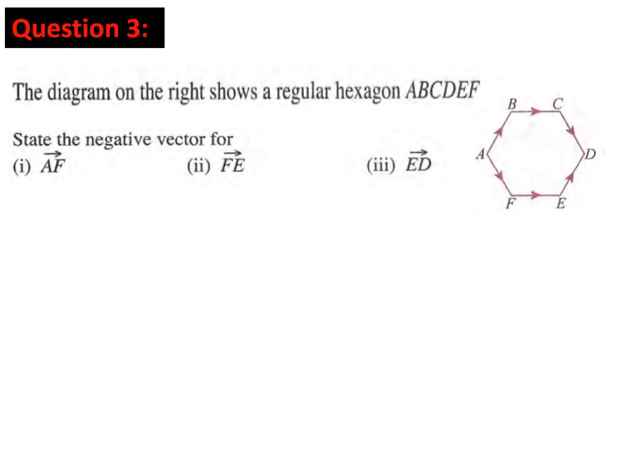Question number 3. The diagram on the right shows the regular hexagon ABCDEF. State the negative vector for the following vectors. Number 1. Negative vector EF means it's the same length as vector EF but different direction, that is vector DC.